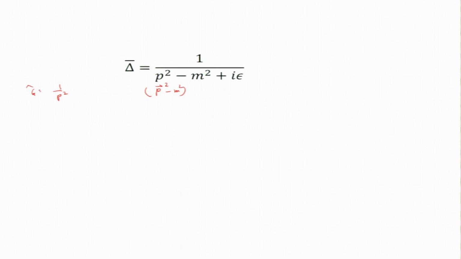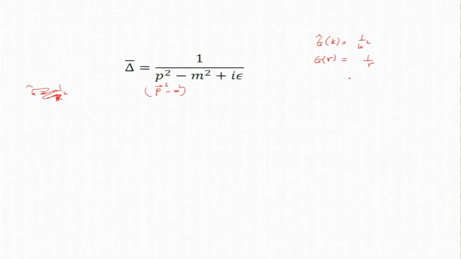So, what is 1 over p squared? This is the Green's function in k, 1 over k squared. You remember this? What is G of r? It is 1 over r. It is a Coulomb interaction, in 3D.